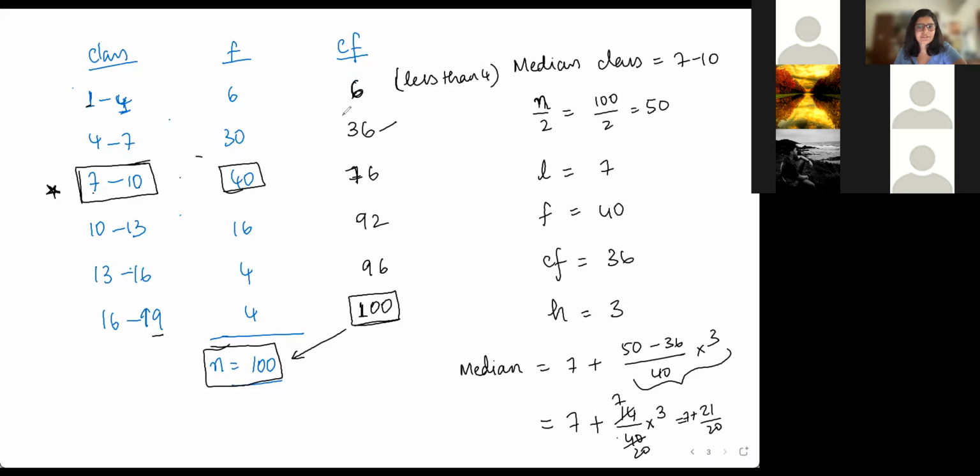So 6 is the cumulative. Now you went one step ahead till 7. So think of this as less than 7. How many values do you have less than 7? 30 plus 6, 36. Then this will be less than 10.